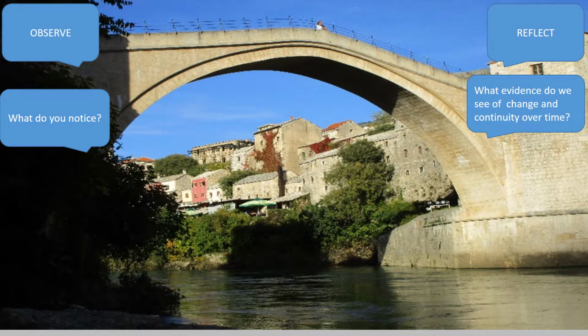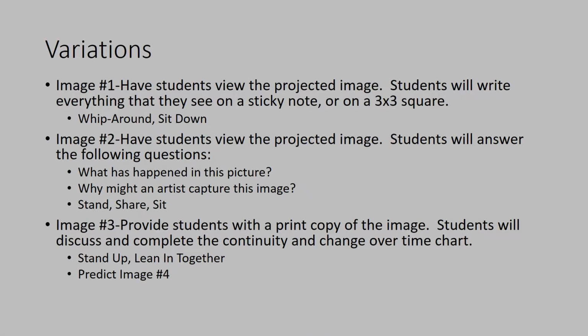And what evidence do we see of change in continuity over time? The image is a little bit different. The location is the same, but the bridge has now been rebuilt to reflect the old Bosnia-Herzegovina of our pre-1960s picture.